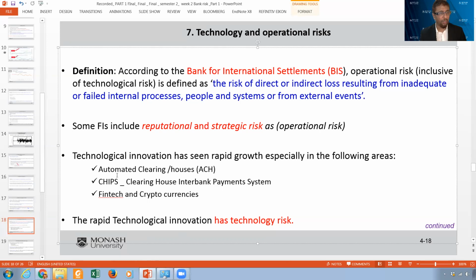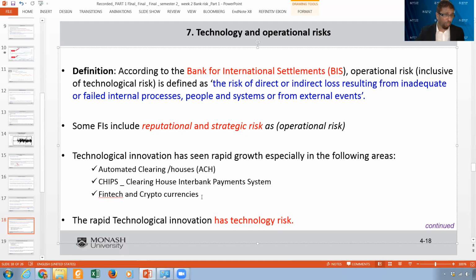We know the automation in payment systems. We can see it in the clearing houses. FinTech is a huge thing now, and we have this huge issue of competition from all those startups, and blockchain is going to do so many things. All of those are technological challenges facing banks.